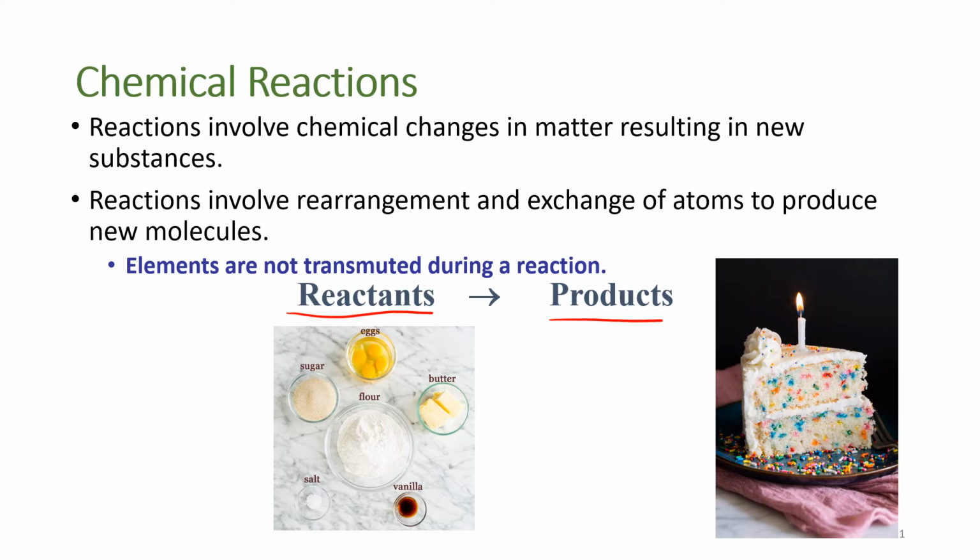Please be aware that elements are not transmuted during a reaction, they are just rearranged. So all you do is rearrange elements from being in one type of compound in the reactants to a different one in the products. But you can also think of it like we are starting off with raw material or ingredients in cooking something, and then your final product is whatever you cooked or baked.